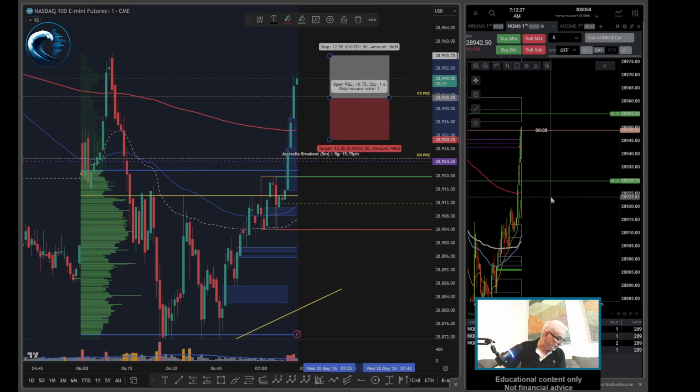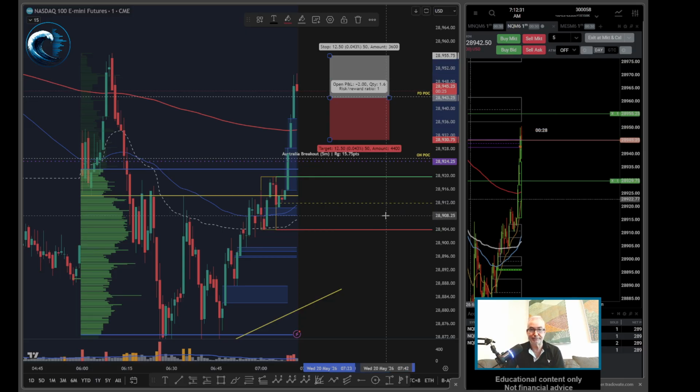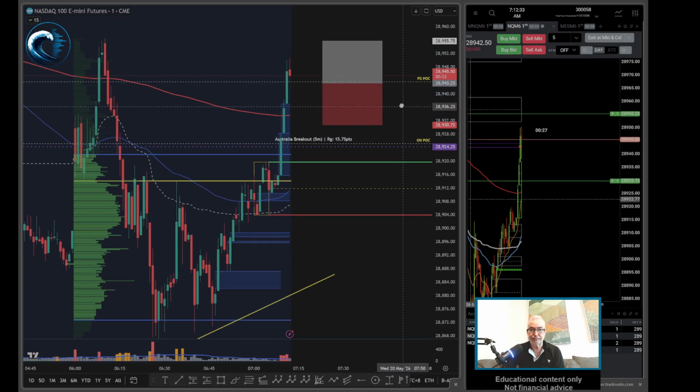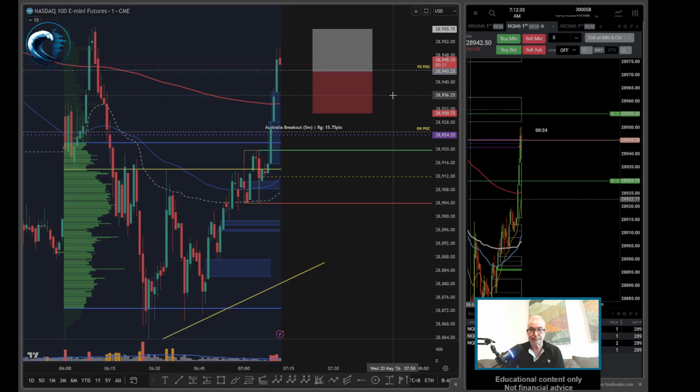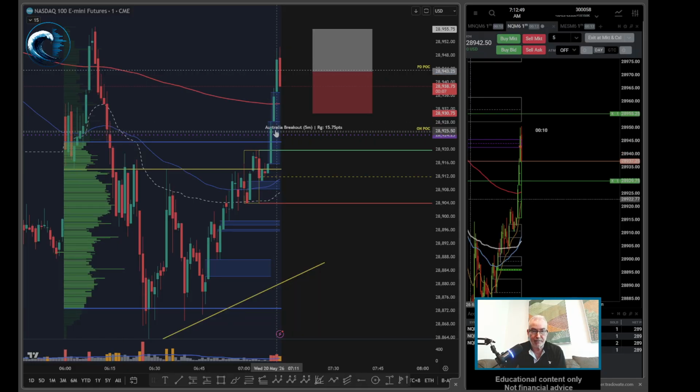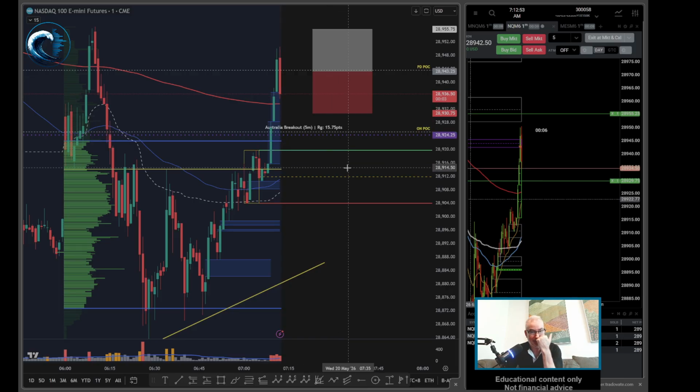It is what it is. Only a little tickler. So, and this is the indication here that I wanted to get in long. I wanted to retest, come back and retest here if possible, but anyway, didn't do that.